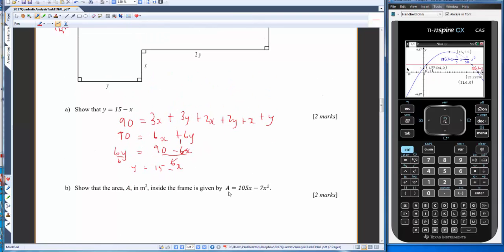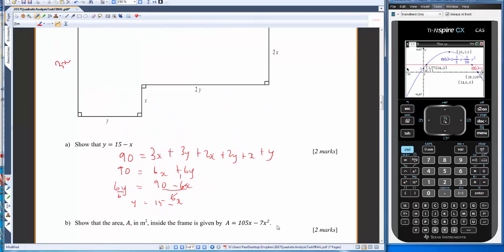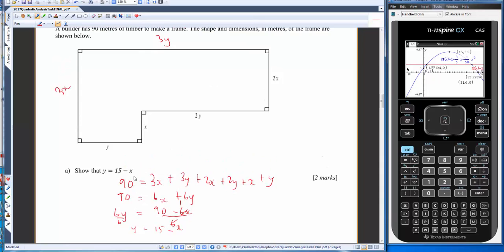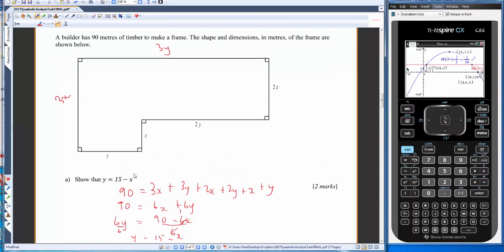Now we're going to show the area in meters is given by this formula here. So what we'll do is we'll use some composite areas. This is shape 1 and this is shape 2. The area of this shape here will be xy, and the area of this shape here will be 6xy. 2x times 3y is 6xy.